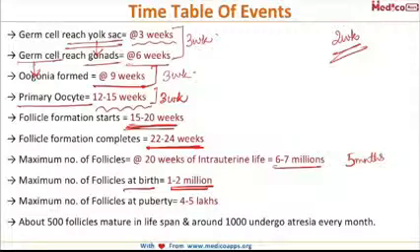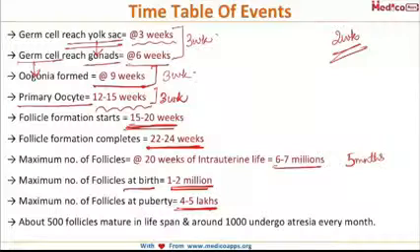At birth, I repeat, there are 2 million follicles. They keep on degenerating so that by puberty, only 4 to 5 lakhs of these follicles are left. And in the entire lifetime of a female, around 400 to 500 of these follicles mature and the rest degenerate.